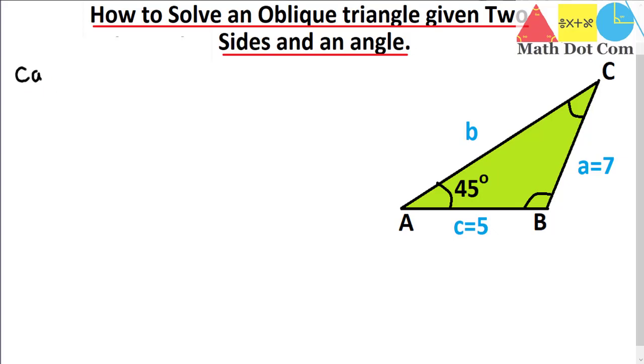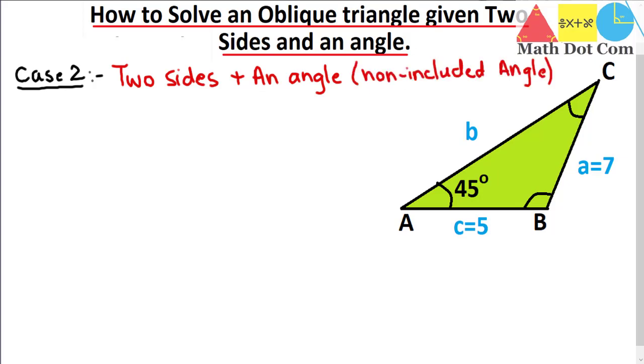So here we have case number 2. What is case number 2? It's basically one in which you are given two sides and a non-included angle. So what is given? Two sides of an oblique triangle, a triangle which is not a right triangle, plus an angle. Now this angle must be a non-included angle.